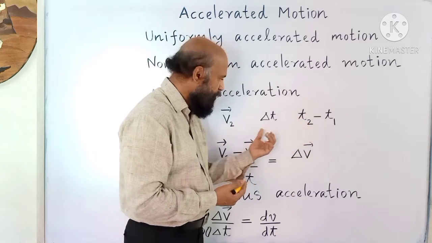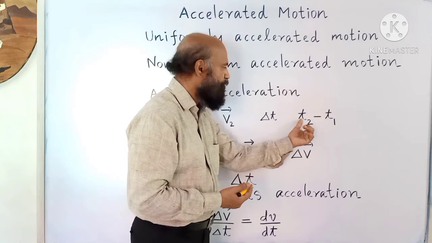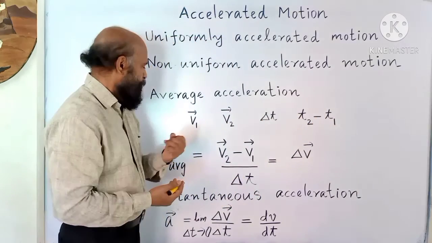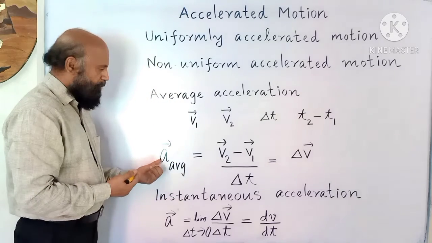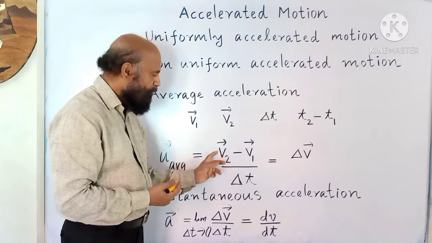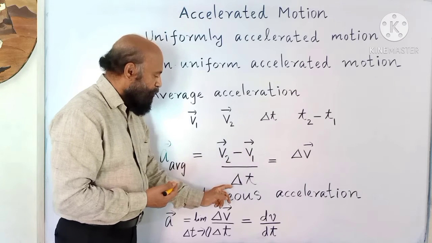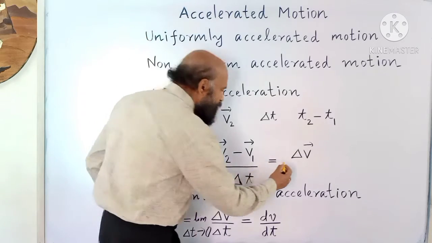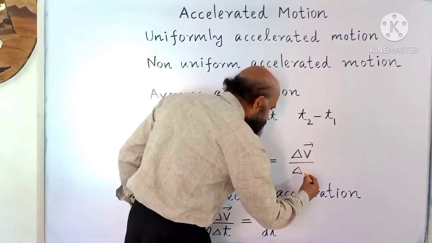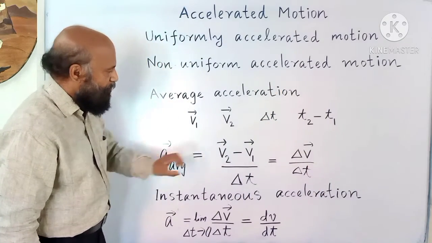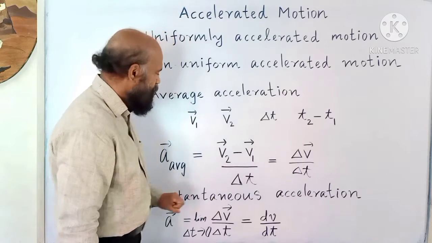So the change in time is t2 minus t1. That's the interval. Now average acceleration is v2 vector minus v1 vector, that is the change in velocity, divided by the change in time, delta t. So average acceleration is delta v by delta t.